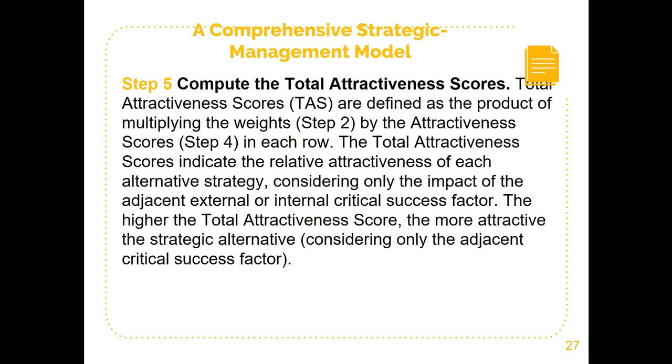So the total attractiveness scores indicate the relative attractiveness of each alternative strategy, considering only the impact of the adjacent external or internal critical success factor. The higher the TAS, the more attractive the strategic alternative, considering only the adjacent critical success factor.